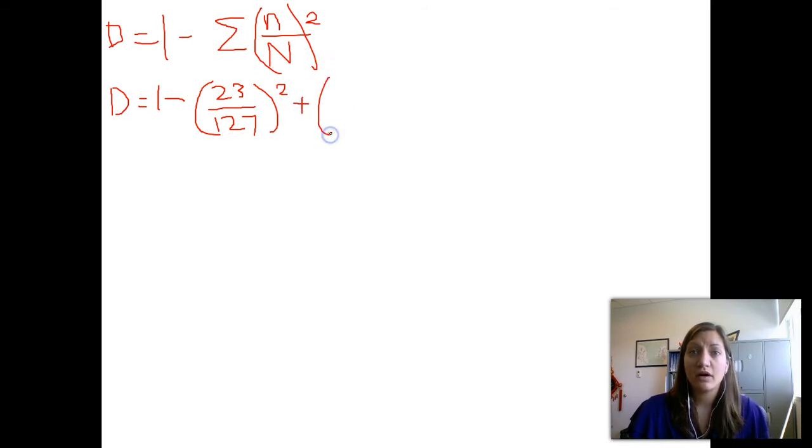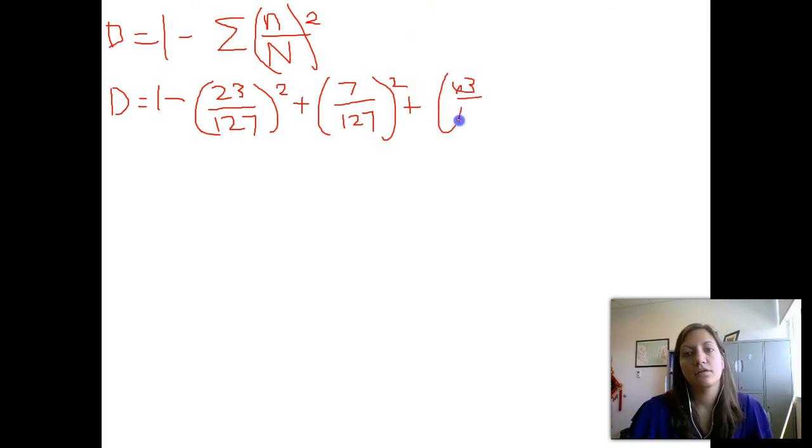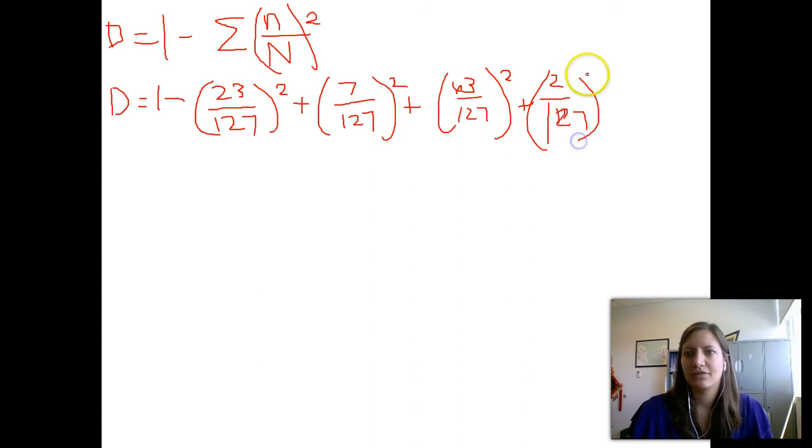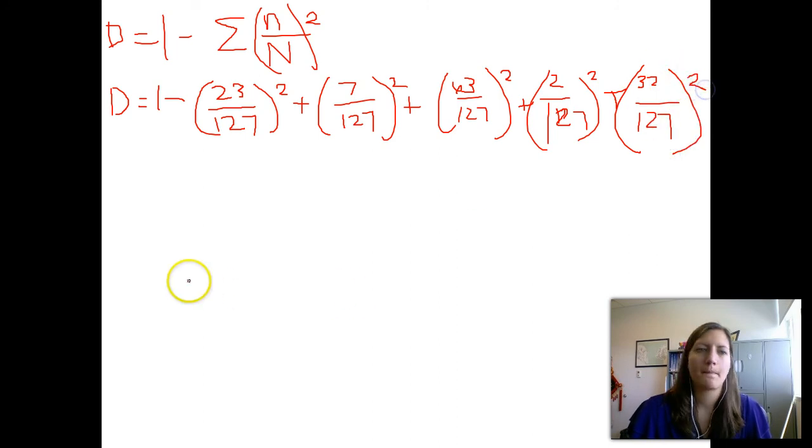We're going to add that to our second species, 7 over 127 squared, plus our third species, 63 over 127 squared, plus our fourth species, 2 over 127 squared, plus our fifth species, 32 divided by 127 squared.